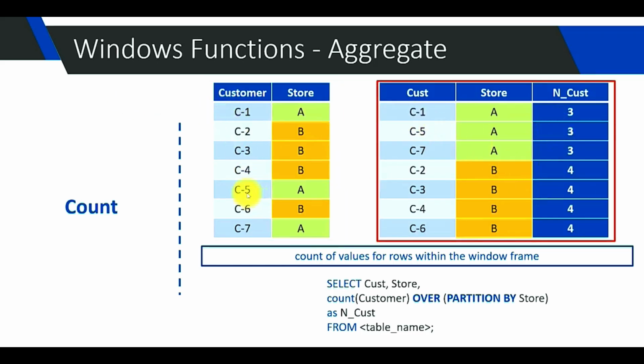For C1, C5 and C7, we want the value as 3, since there are 3 customers in store A. And for C2, C3, C4 and C6, we want the value as 4, since there are 4 customers from store B. Now let's go to our PG admin.